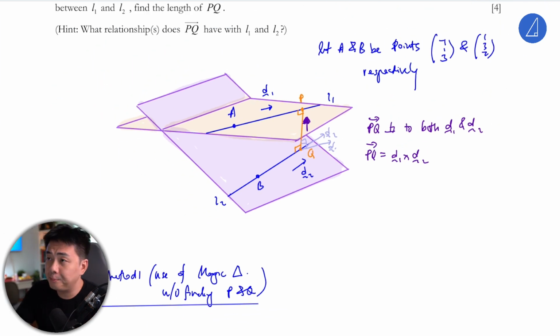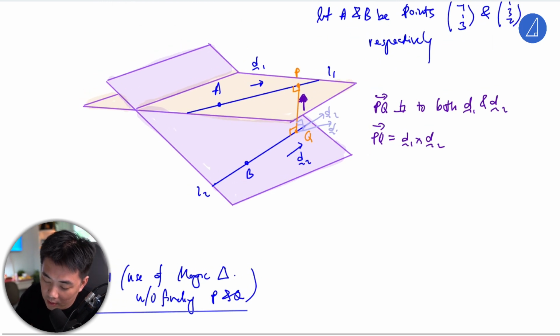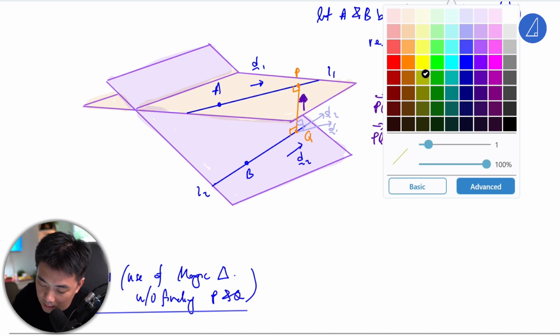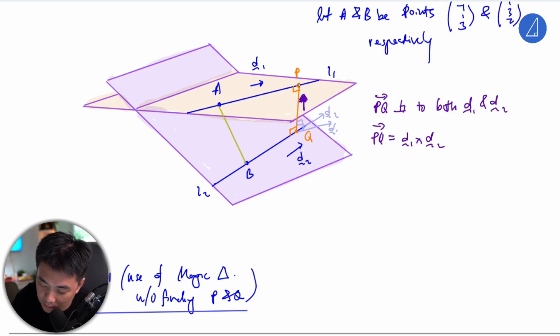What we need to do next is find PQ. Once we have PQ, the distance we want is the projection length. The shortest distance will be the projection length of AB onto PQ.